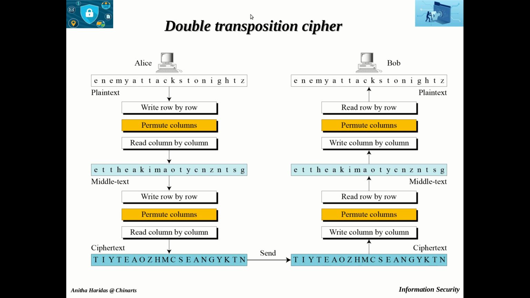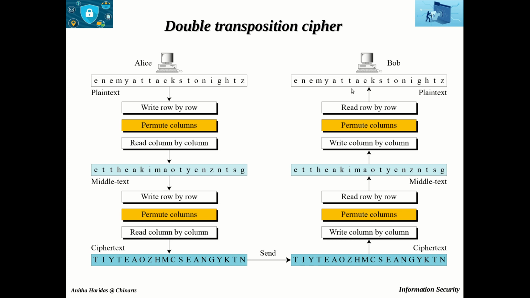I repeat, in the double transposition cipher, we repeat the same encryption or decryption algorithm 2 times to secure the data. This is an example for it. We encrypt the plain text to produce a middle text. Again the middle text is encrypted to produce the ciphertext, and the reverse produces the plain text for Bob.